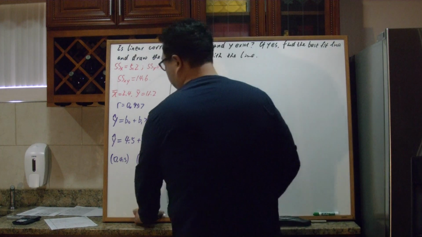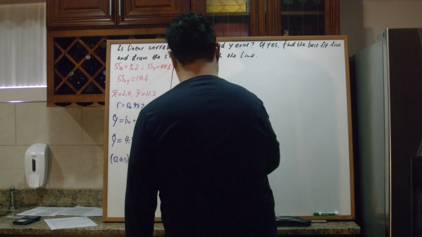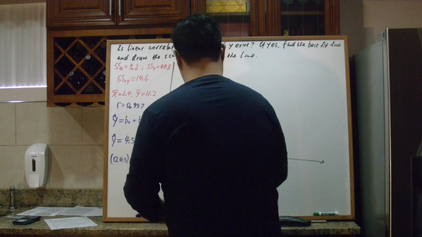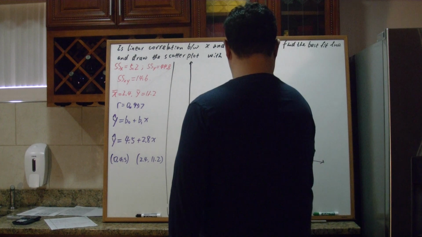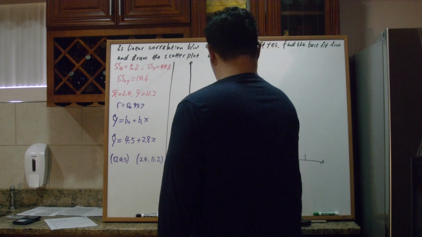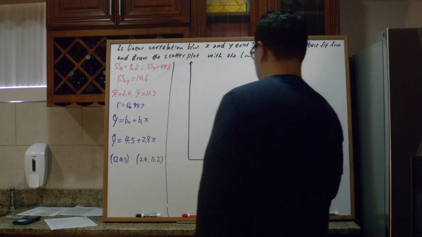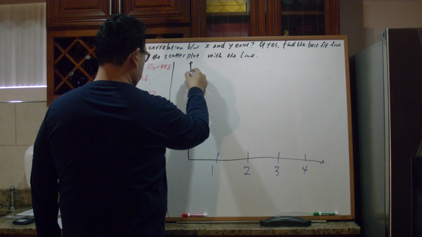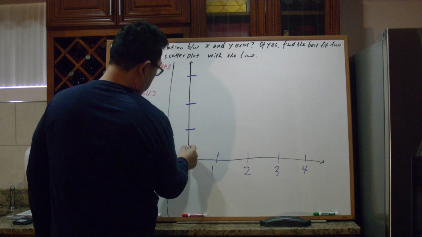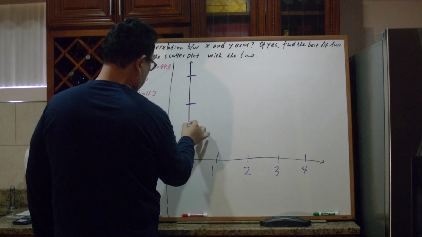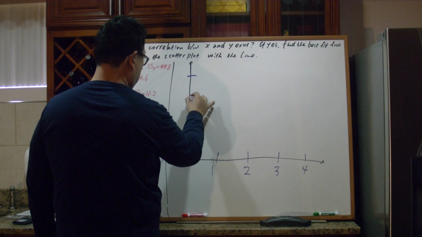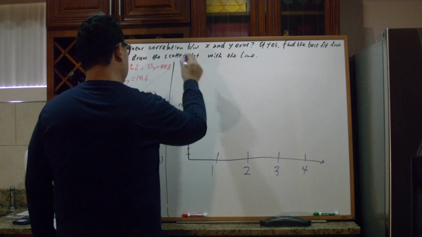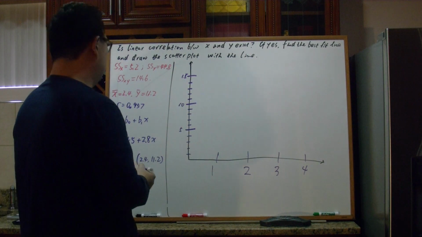So finally, to draw the scatter plot, we'll mark the values 5, 10, 15 on the axis.